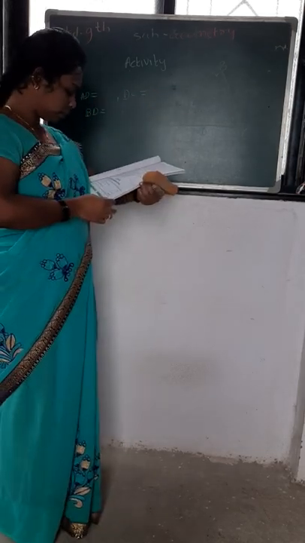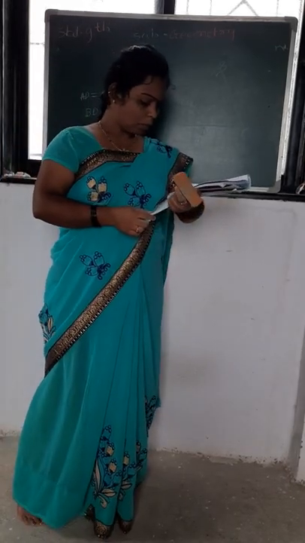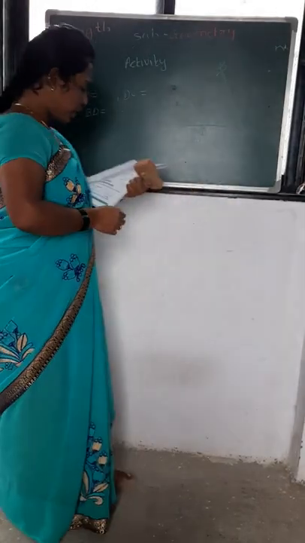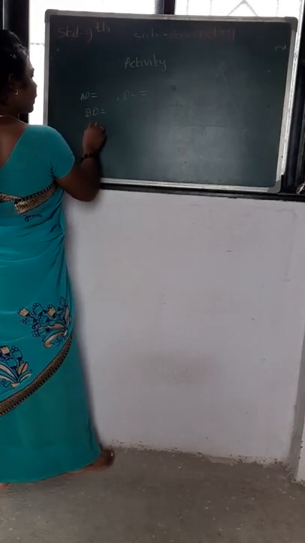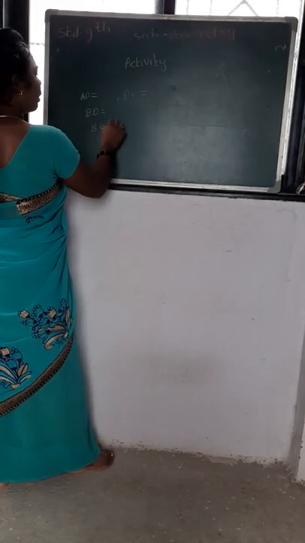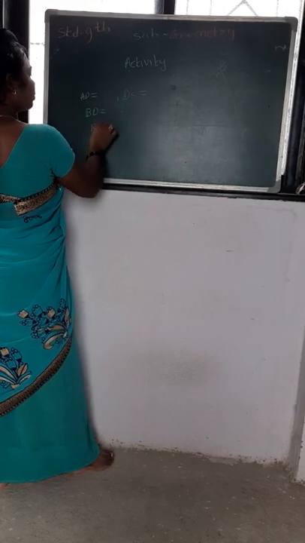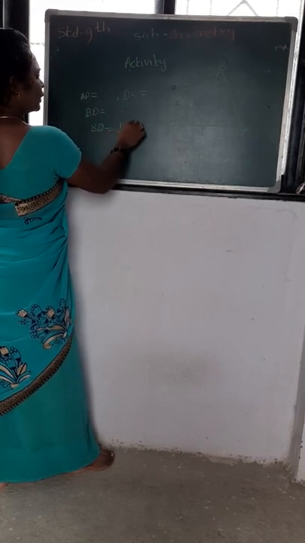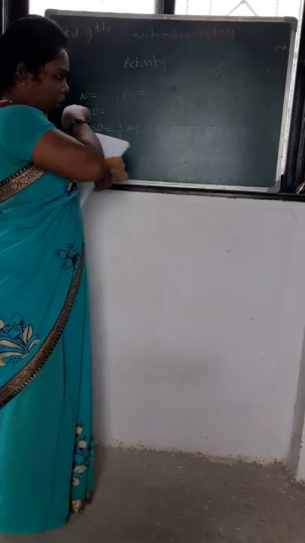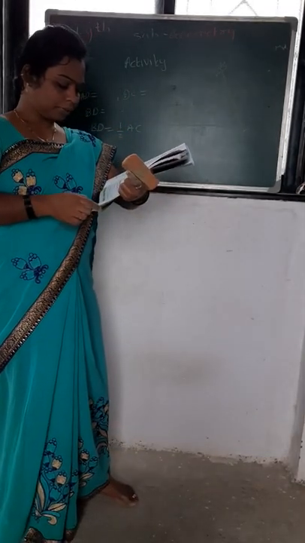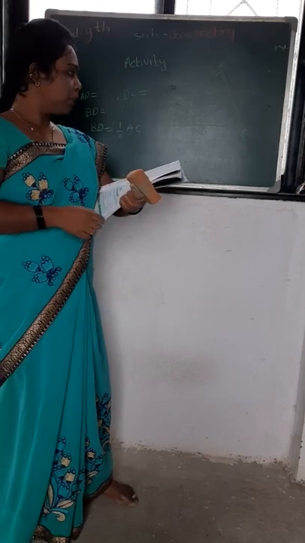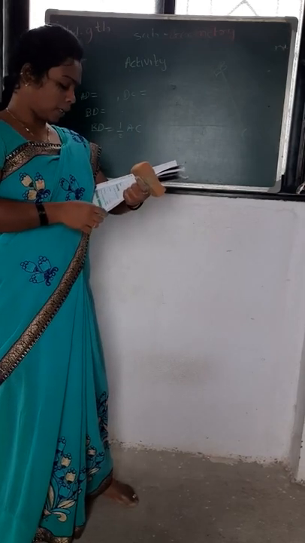From the measures, verify that BD is equal to 1/2 AC.